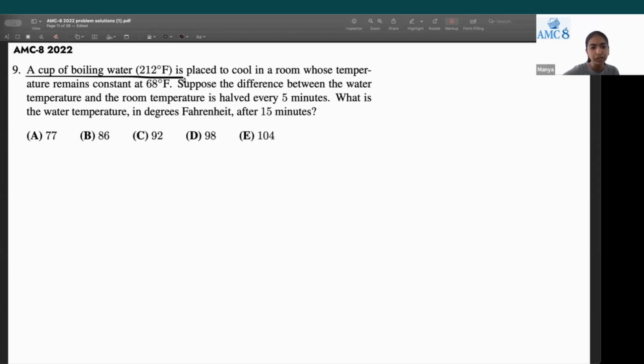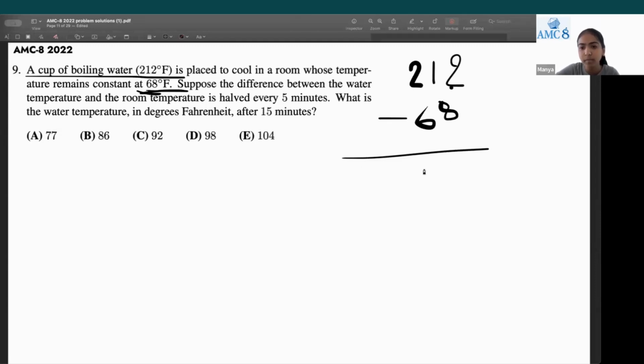So we know that boiling water is 212 degrees Fahrenheit, and it's placed in a room temperature room. And so the difference is halved every 5 minutes. So 212 minus 68 is going to be giving us 144. Yeah, 144. And so after 5 minutes, it's going to be equal to 144 divided by 2.